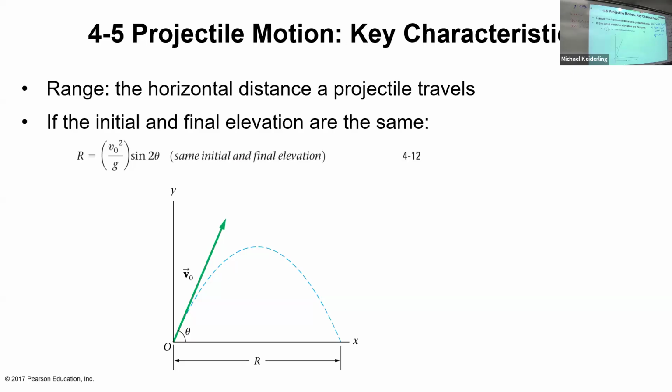Now we can plug that into our x formula. We're interested in range, so x naught is 0. So x will be v naught cosine theta t. So we have v naught cosine theta times 2 v naught over g times sine theta.